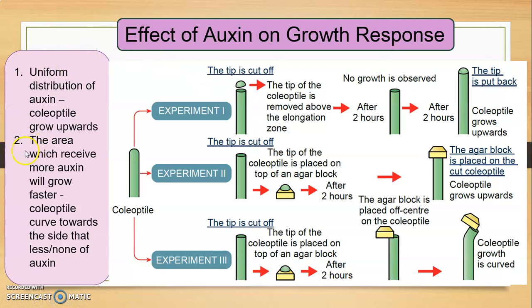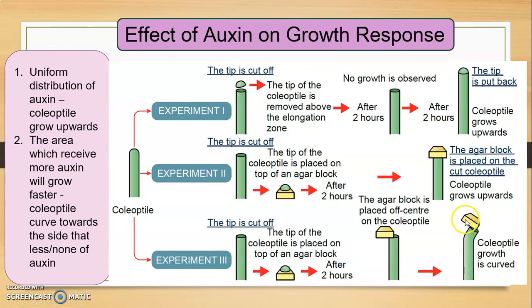And then number two, the area which receives more auxin will grow faster. So what happened to the coleoptile? The coleoptile curves towards the side that has less or none of the auxin. So that is the inference for experiment 3. As we can look here, the coleoptile is curved.